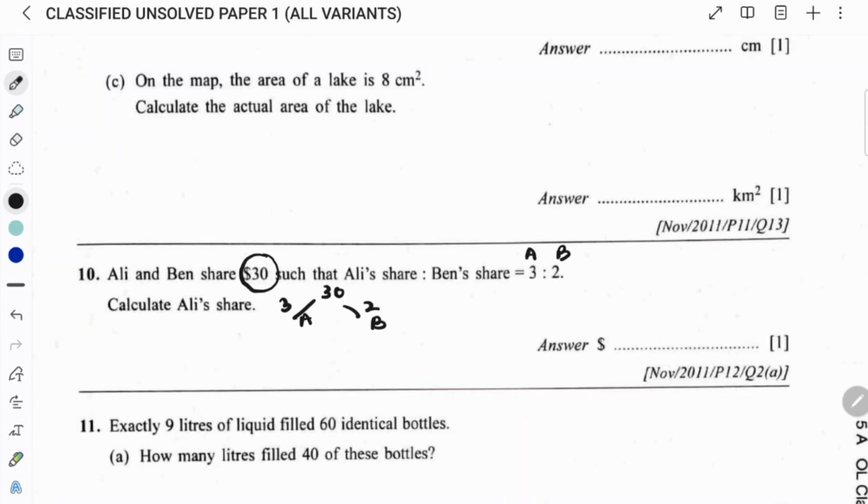The total sum of the ratio is 3 plus 2, which equals 5. So 5 is representing 30, which they are sharing, and you have to find Ali's share, which is 3. So the 3 is x.